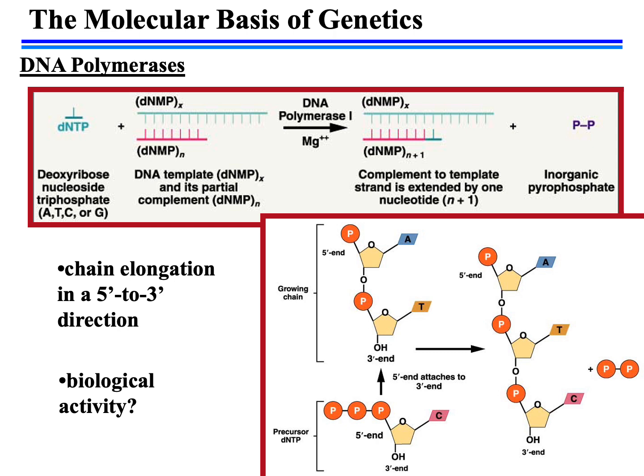If you focus at the bottom of the slide, you can see the incoming nucleotide, which is a nucleoside triphosphate, entering and being added on to a growing chain. It is the 5' end of this nucleotide that is getting added on to the 3' end of the growing chain.